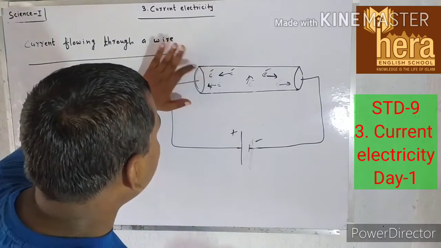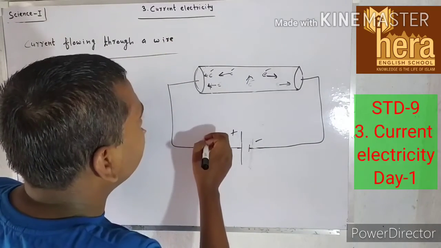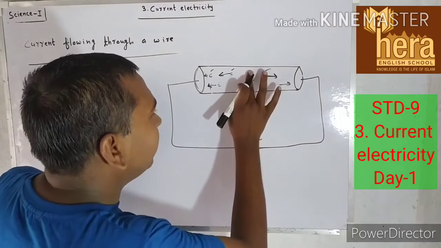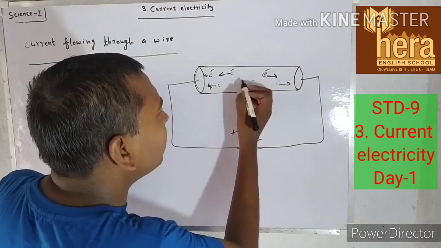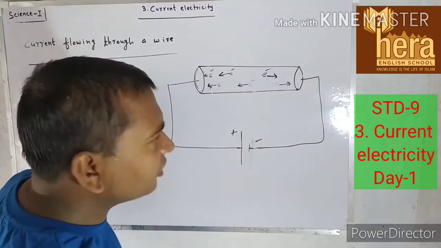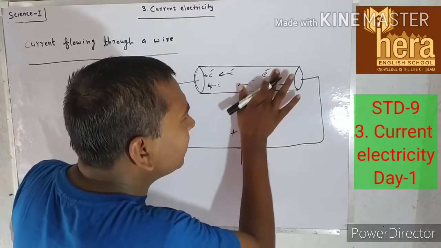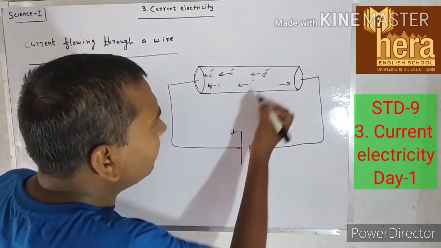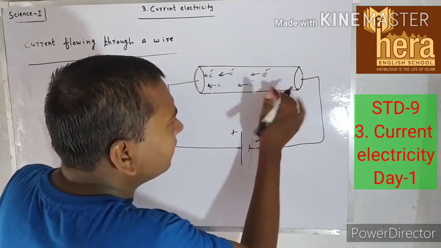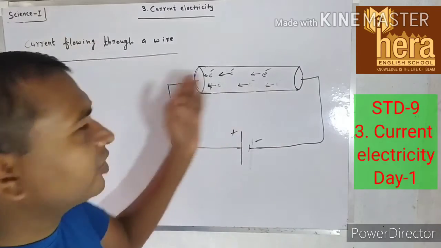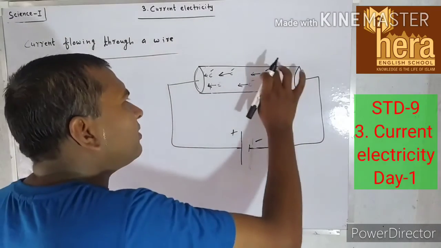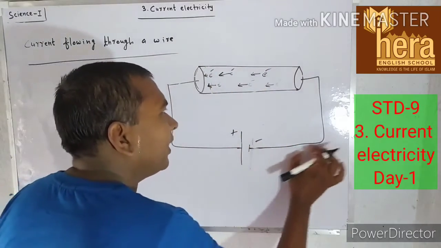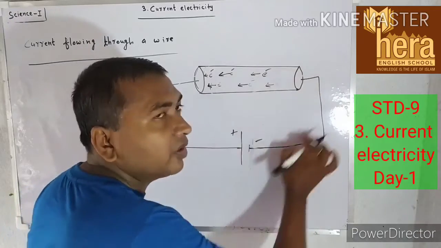At room temperature they moved randomly, but after applying a potential difference they will all move in this direction.